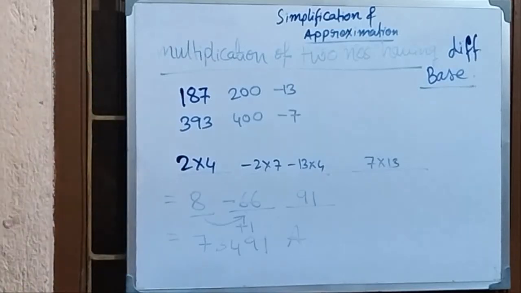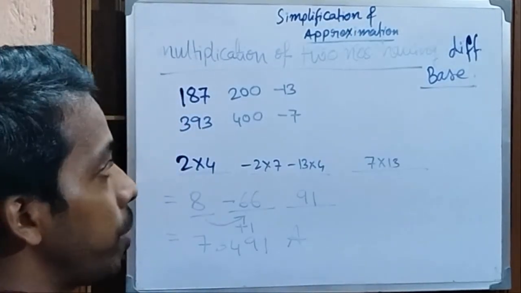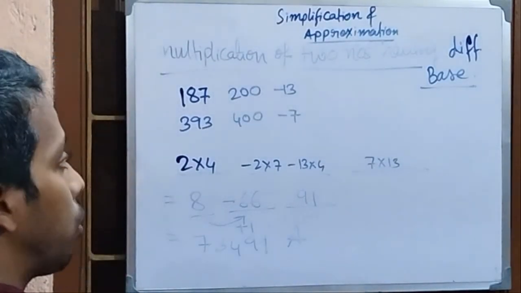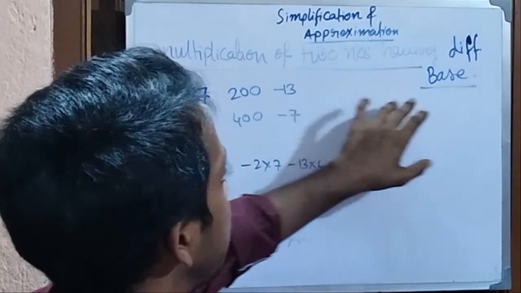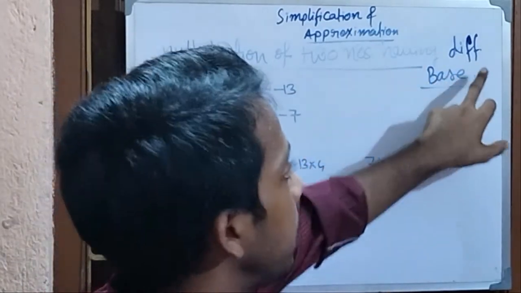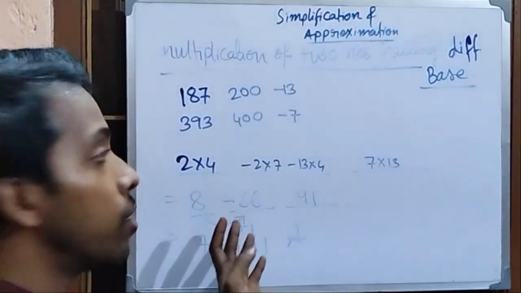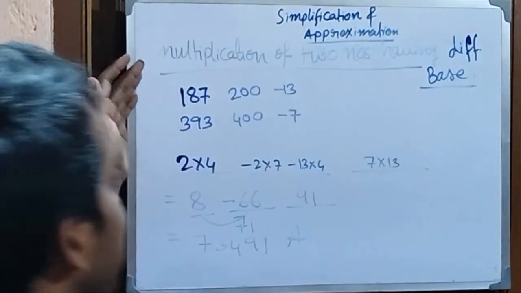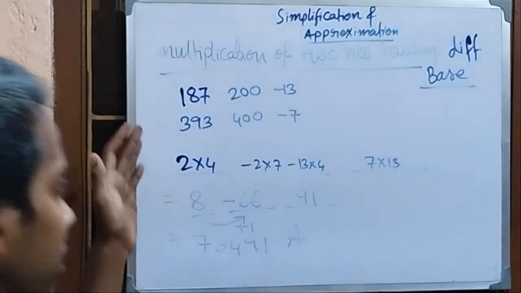Now the final stuff, which is comparatively easier than this, though we have done the latter part earlier. But we have done it with different bases. What if we take the same base? That will be very easy. So that's why I intentionally did the tough part first, so that this is not tough.